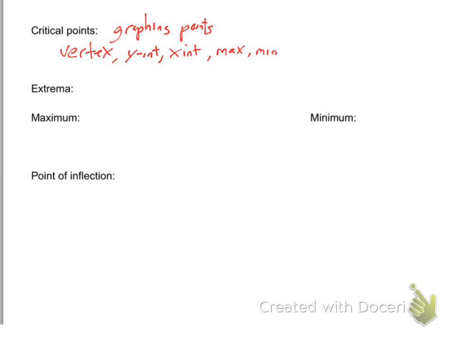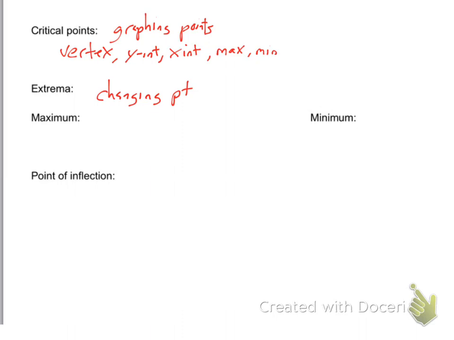Your book then calls some of this stuff extrema. The extrema, guys, is what your book calls where the change happens. So maybe changing points. The changing points, as in where does it go from increasing to decreasing?